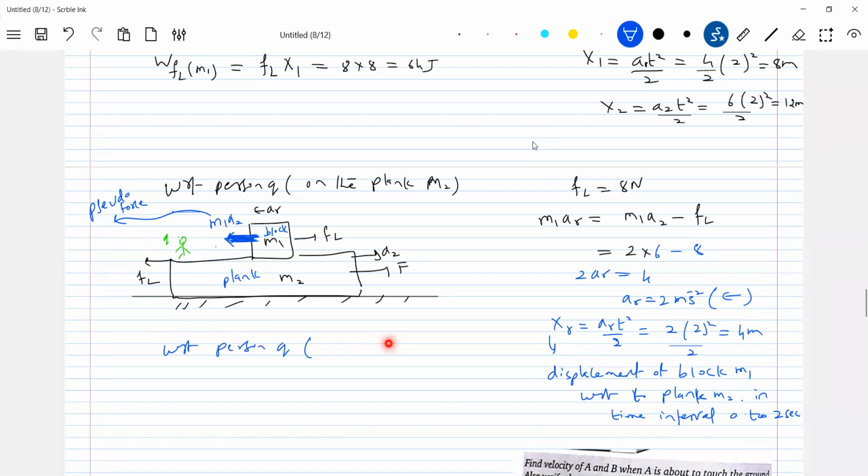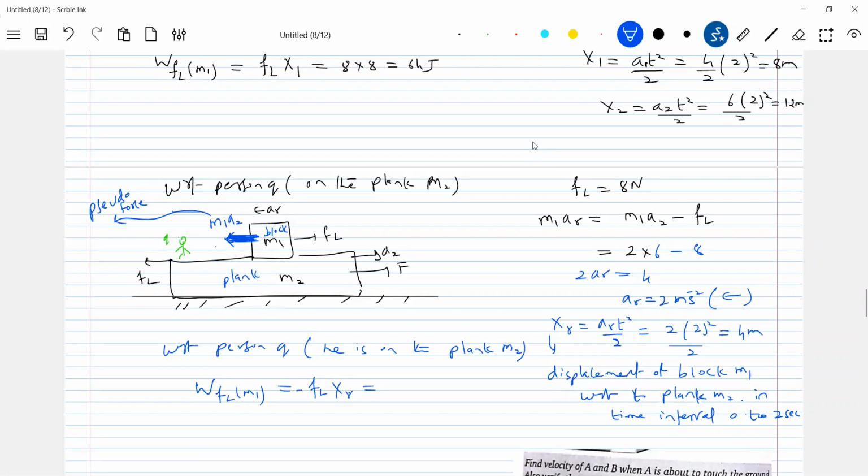Anything is left to you on the ground, no? He is on the plank M2. So what equation will you write? FL into XR, not X1. And I'll put a negative sign.